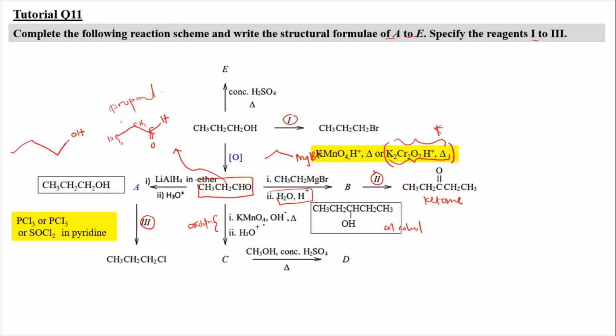But in certain cases, the KMnO4 can be in alkaline condition first, and then you add acid. So it conveys the same meaning, which is H3O plus acidic, because acidic is the latter step, so it happens at the acidic condition. Okay, not the basic.